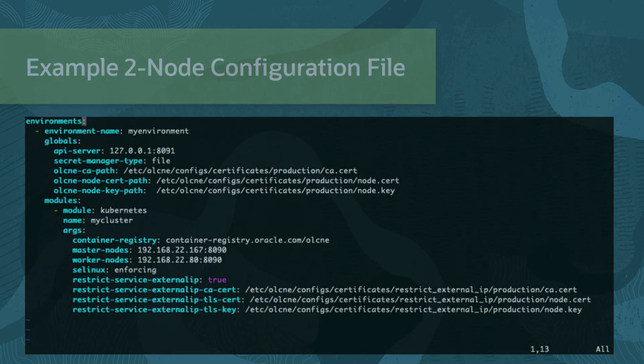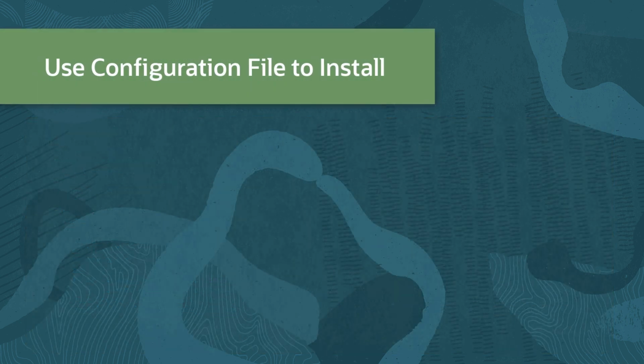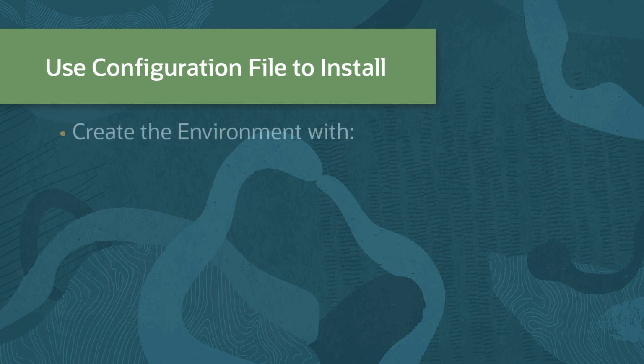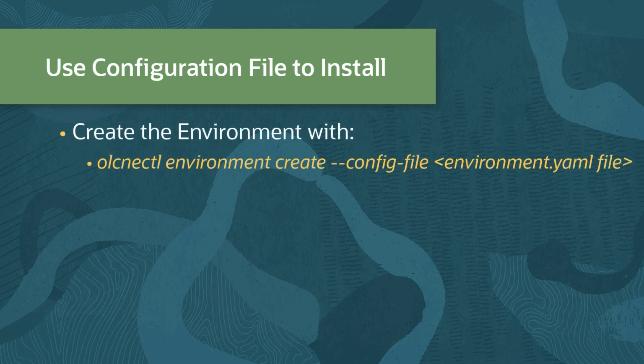So that covers creating and editing the configuration file, but how is it used to create an environment and deploy Kubernetes into it? Well, start by logging onto the operator node and execute the OLCNE CTL environment create command together with the --config-file path to your config file option to create the services detailed in the configuration file.